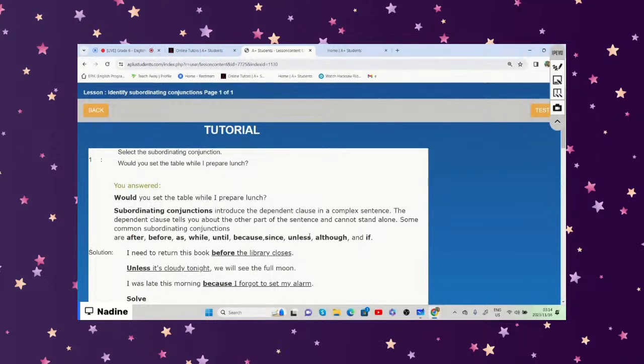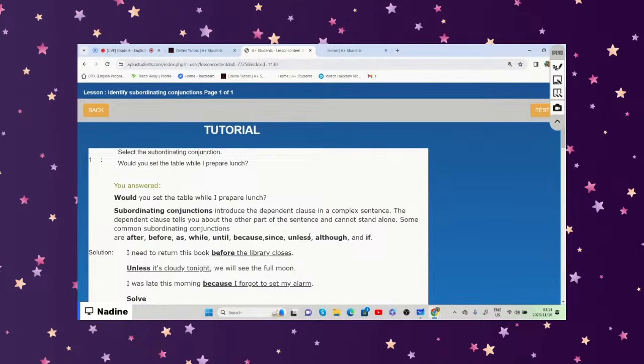All right, so a subordinating conjunction, once again, introduces the dependent clause within a complex sentence. And the dependent clause tells you about the other part of the sentence, right? And a dependent clause cannot stand on its own, cannot stand alone.